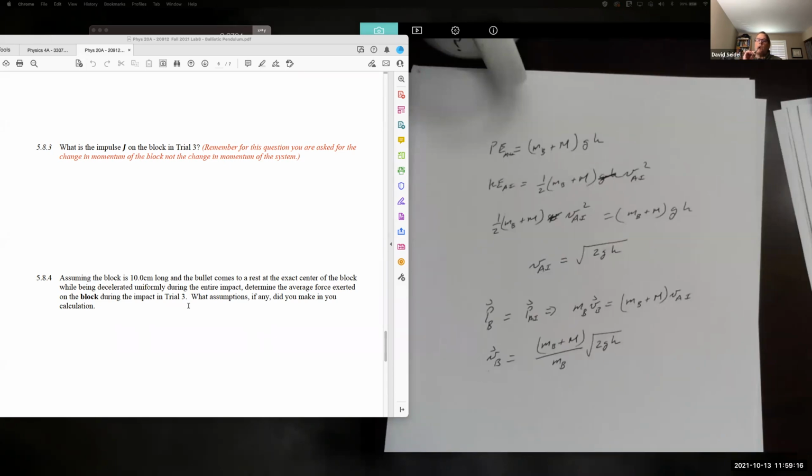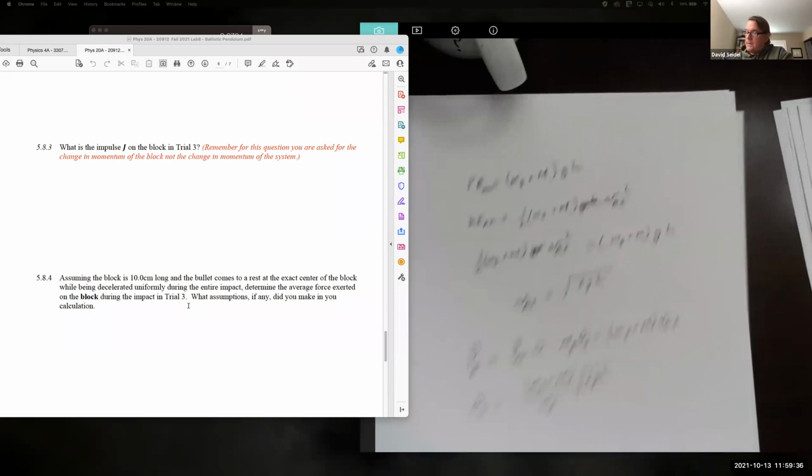So what if I do my force is just equal to mass times acceleration, right? So I've got my force equals mass times acceleration.